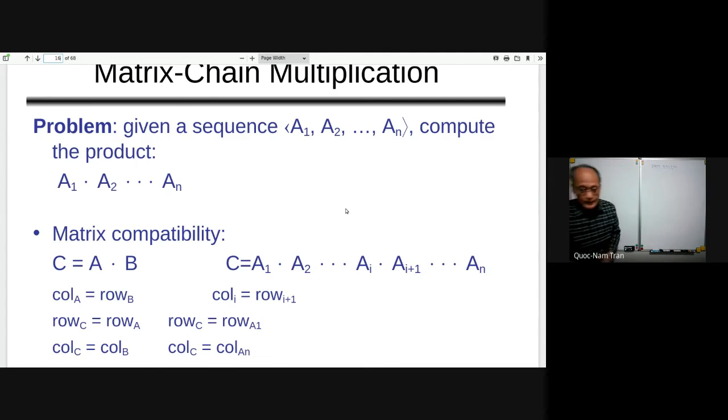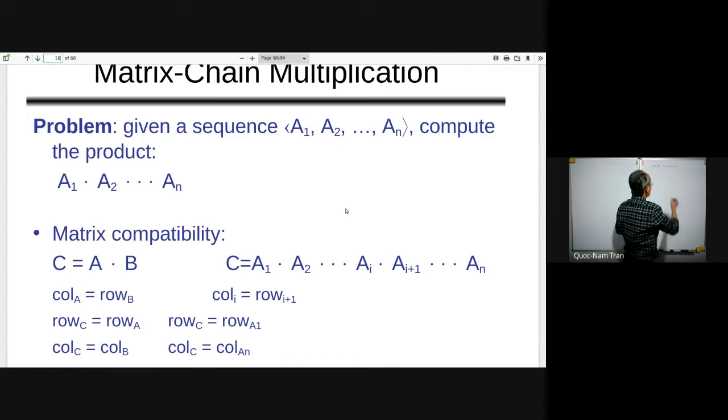Okay, so let's see, we have three matrices, right? Matrix 1 has, say, 2 rows, 4 columns, and then matrix 2 has 4 rows, 3 columns, and then matrix 3 has 3 rows and 5 columns.